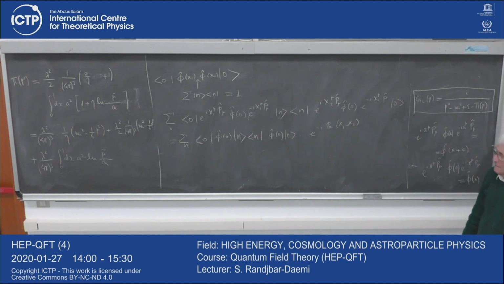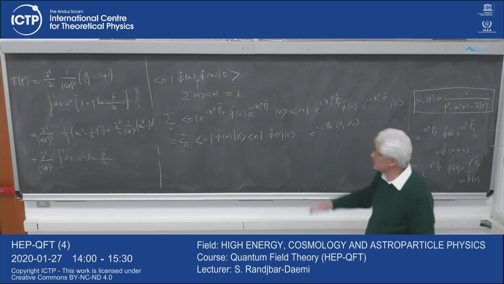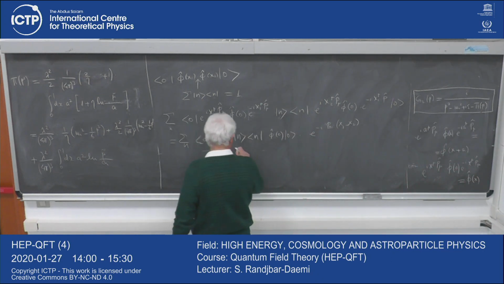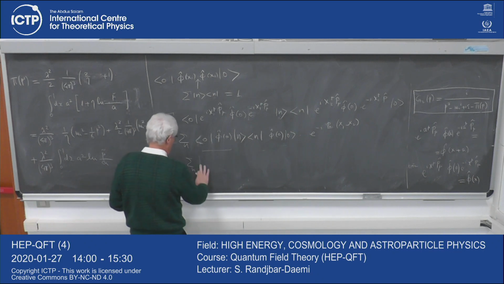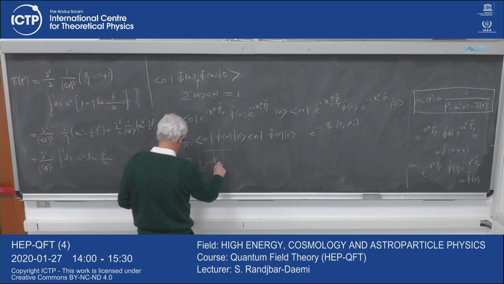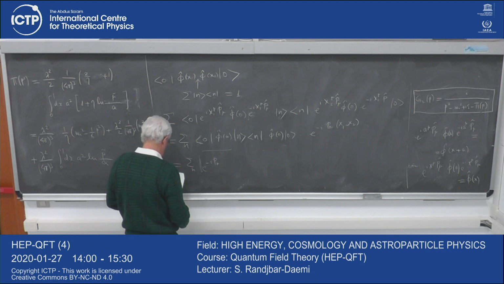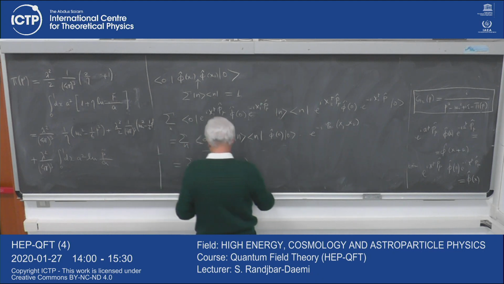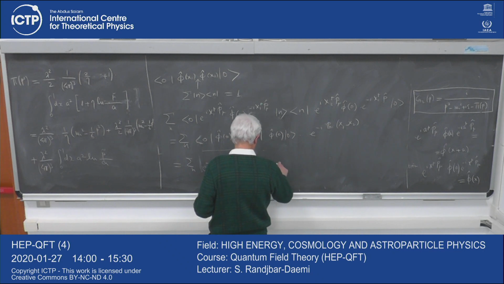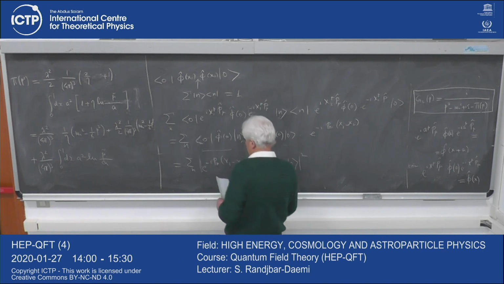Is it clear? So we sum over this infinite number of states. These objects here are constants, and they're complex conjugates of each other. So I can write the whole expression like exponential of minus i p_n times x1 minus x2 times modulus squared of n phi hat 0 0 n.